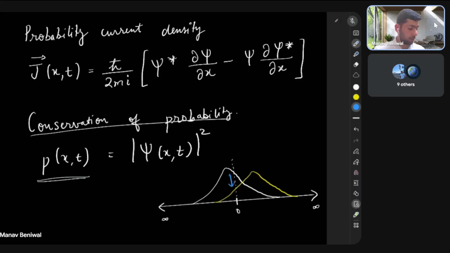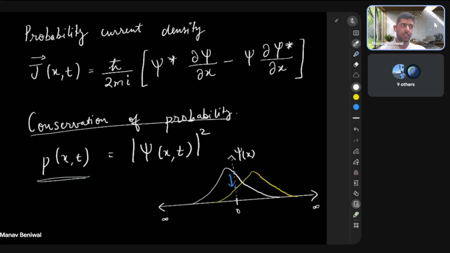It is going down, because psi of x here... initially we have some finite probability at x equals 0, and at some later time the probability has decreased. Now what this probability current density means is that this probability flows to some other x, it redistributes in space.